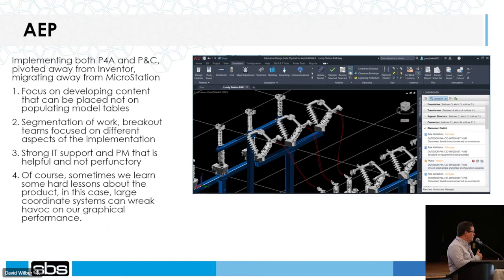So that's been a really important aspect of the AEP implementation, is having a good, strong working relationship between the business unit, the IT organization and the project management organization, all of those units really working together for a goal. Again, that goal has been established by strong executive leadership.